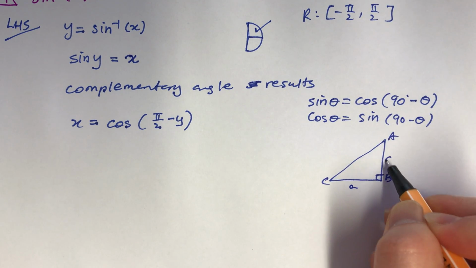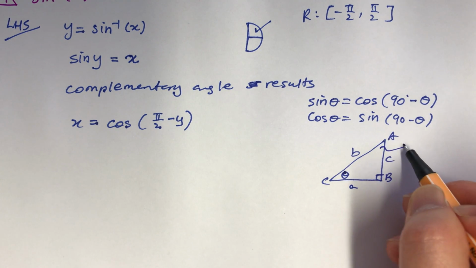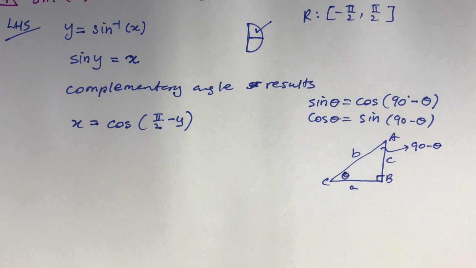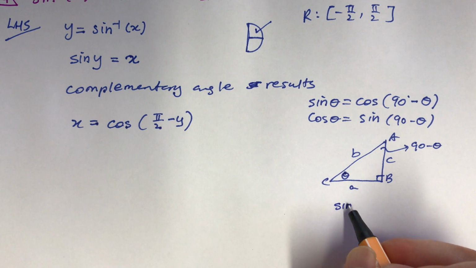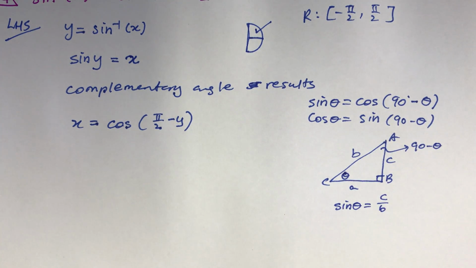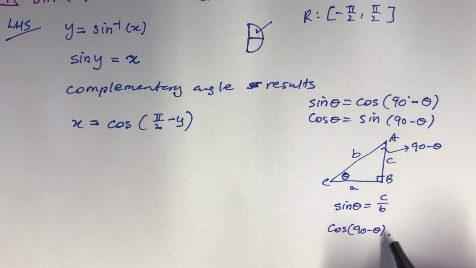ABC, angle ACB, that's theta. So here is 90 minus theta, isn't it? Right? By angle sum of triangle. So if I ask you to find sine theta, you will go C over B, wouldn't you? Yeah. And also I say cos 90 minus theta.